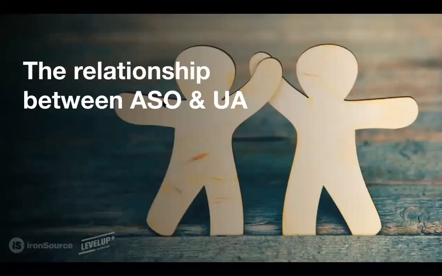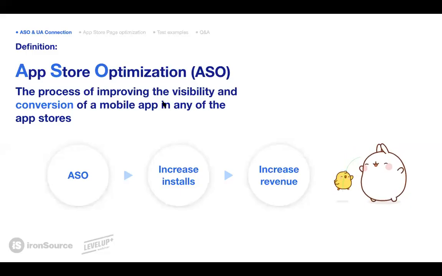So let's start. We'll talk about the relationship between ASO and user acquisition. If you already signed up for this webinar, and by the way, thanks for signing up, and I'm happy to have you here, you probably know what ASO is in general. I want to emphasize that ASO is not just improving the visibility of an app, it's also about the conversion.